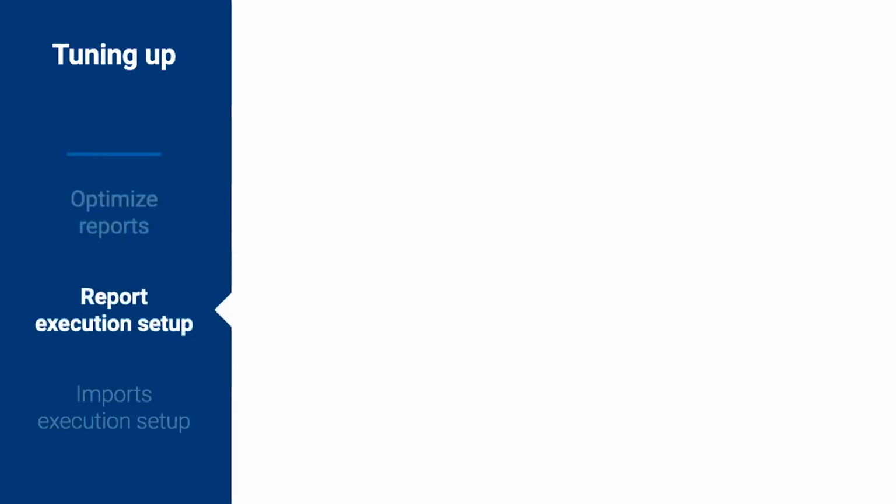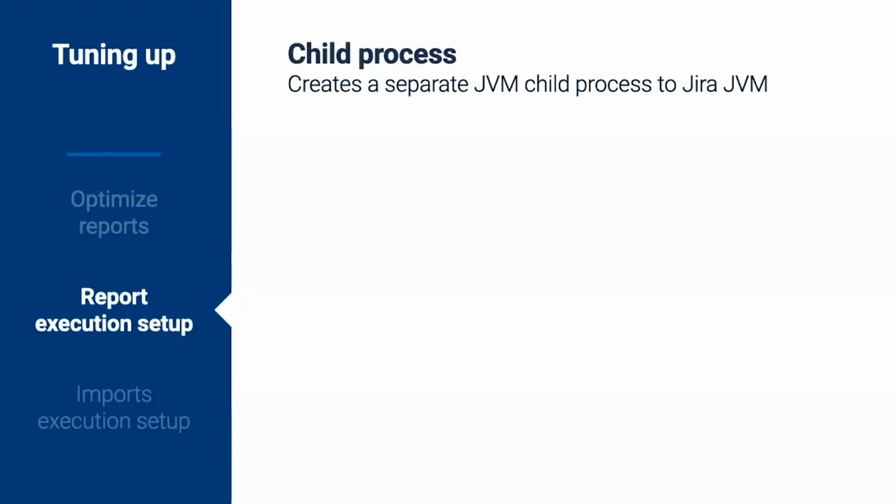And now let's look at some basic changes you can do for the overall setup of report execution. So for server and data center, if you are not on child process enabled, then it's the first step you should do. And I think most of you here already did that.